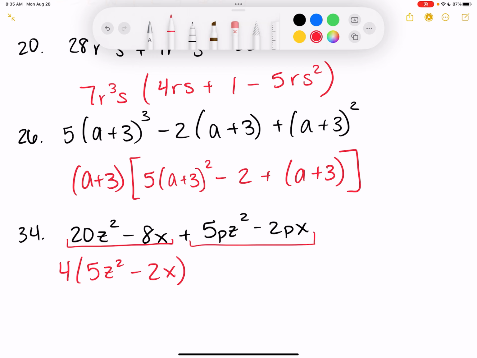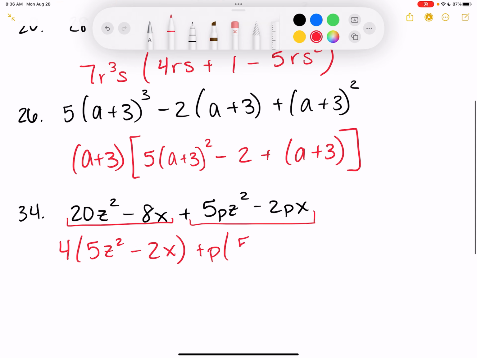All right, and then out of the next grouping, what can I take out? Yep. So I can take out a p, and that leaves me with 5z squared minus 2x. And remember, when we do factor by grouping, we want to make sure that the two things that we're left with in parentheses match. If they don't, then we haven't taken the right thing out.